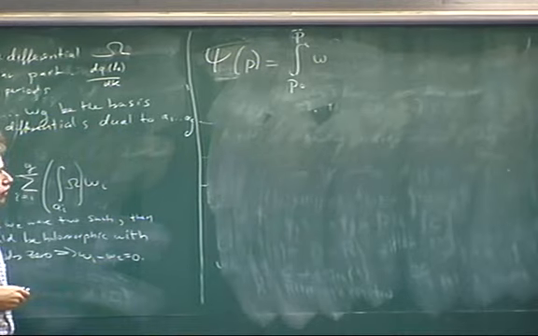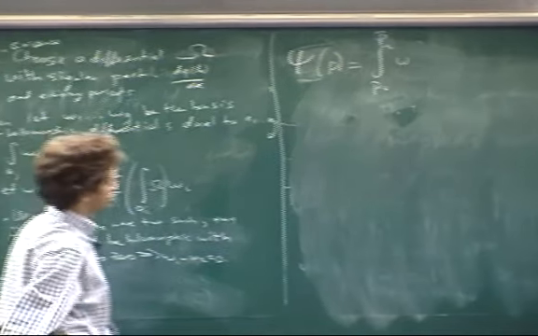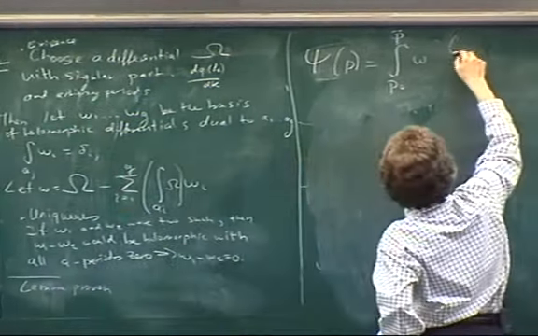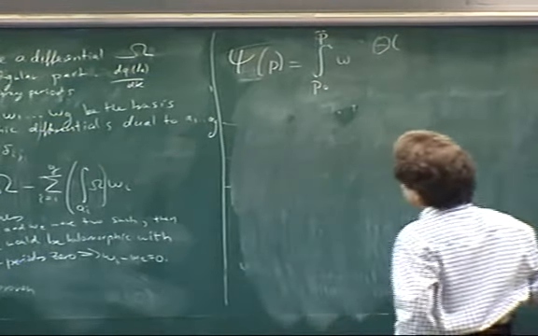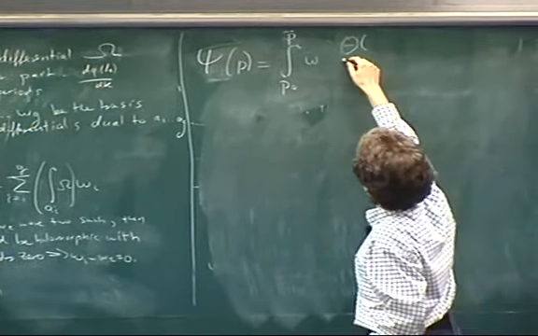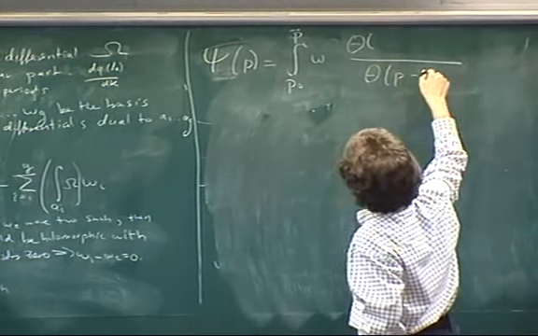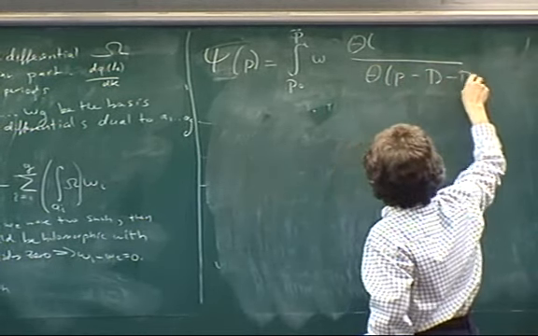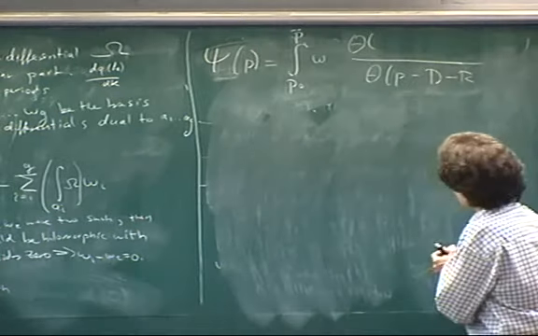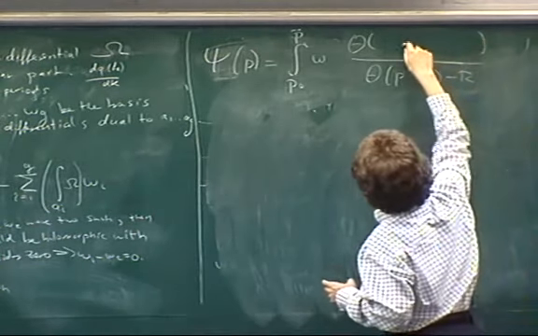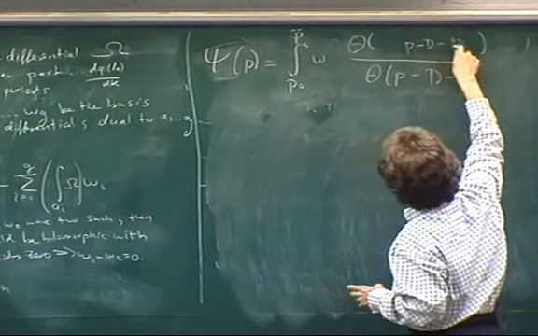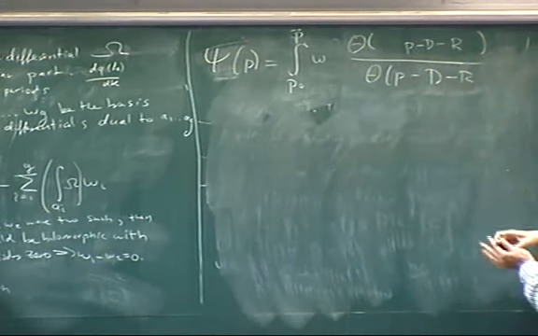where this omega is that omega, times the theta function. So down below it should be the theta function of p minus d minus r. Up above I would like to write something very much similar, so I would still like to write p minus d minus r to cancel the ambiguity, because this is only well defined on C to the g.